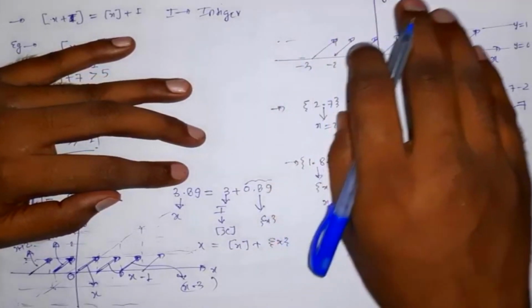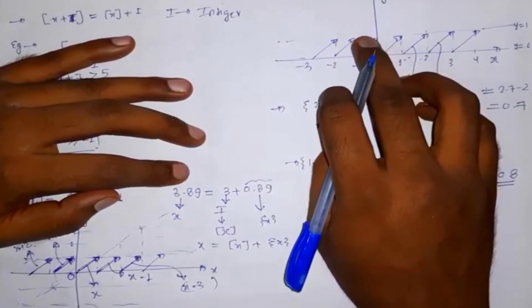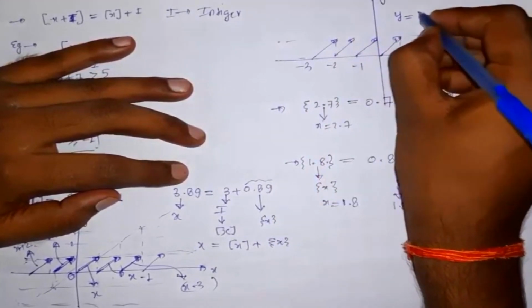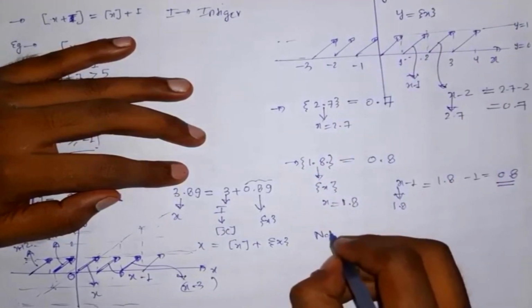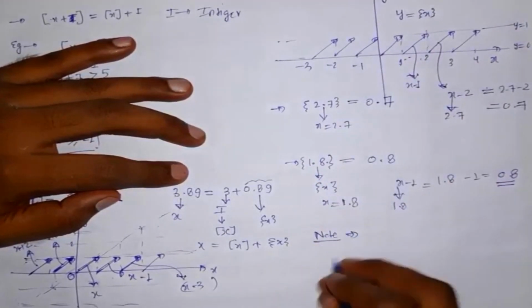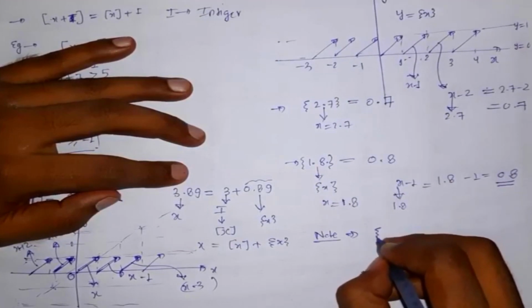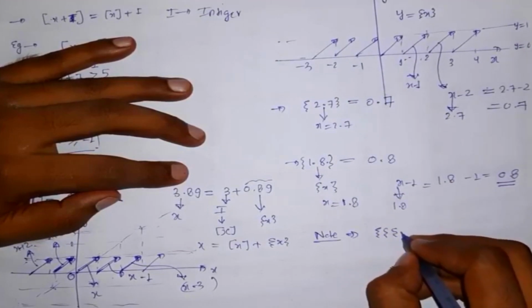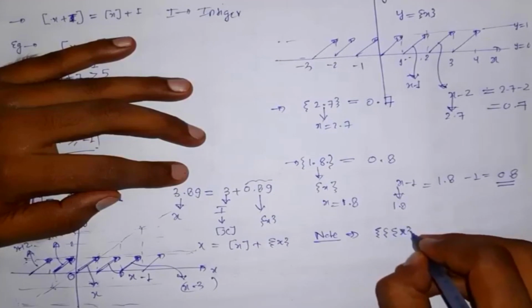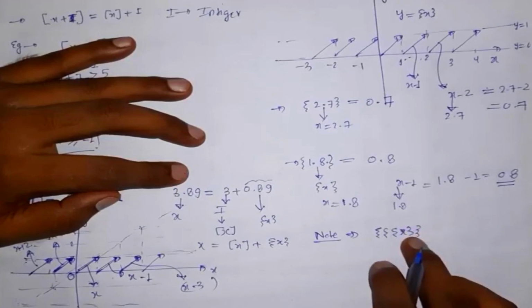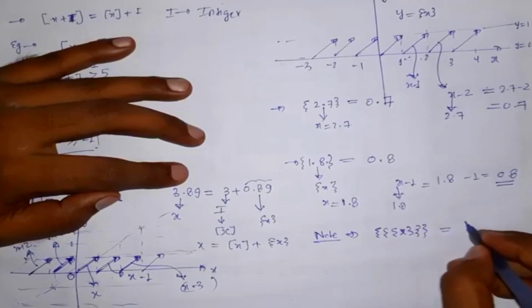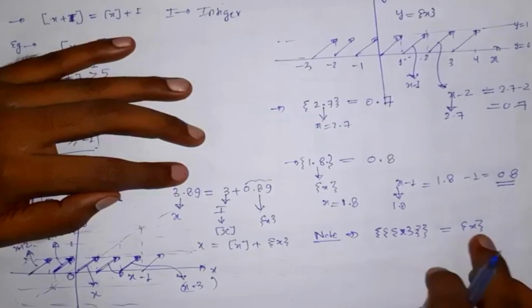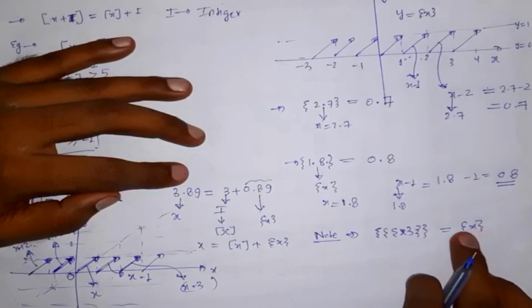So this is the basic graph of y equals the fractional part of x. One note I want to tell you about the fractional part: if more than one fractional sign is written on only one value of x, then it will be the same as a single fractional part of x. Only one fractional sign will be taken.